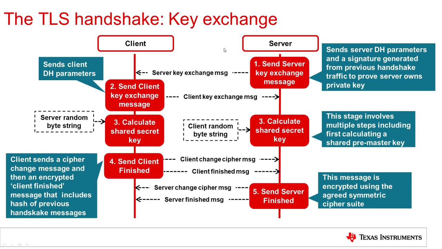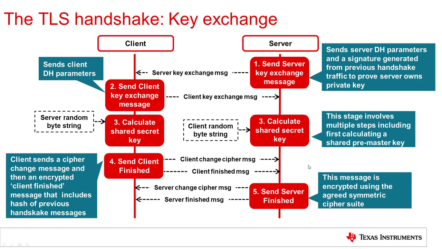There are several stages involved in this, and I'm not going to get into those stages. They involve pretty complex mathematics. But the result of the key calculation is that, at the end of that process, both sides have independently come to the same shared secret key value to begin communication using symmetric encryption. At that point, the client sends a client change cipher message.